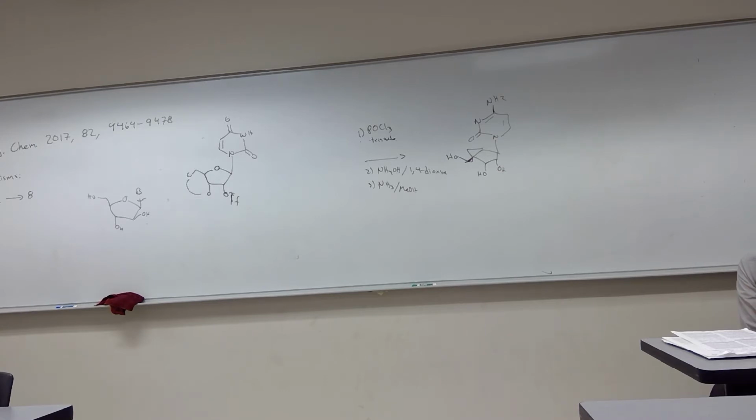Probably the DMSO. Yeah, the trimethylsulfoxonium iodide. Will it just deprotonate one of the H's there? It's going to deprotonate one of the H's, yeah. Okay, so can you guys propose a mechanism for that?